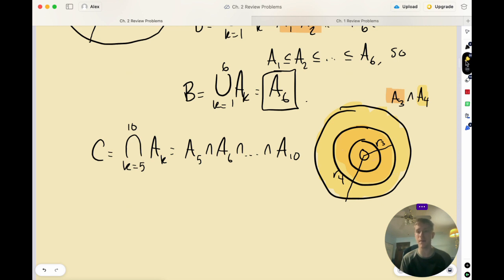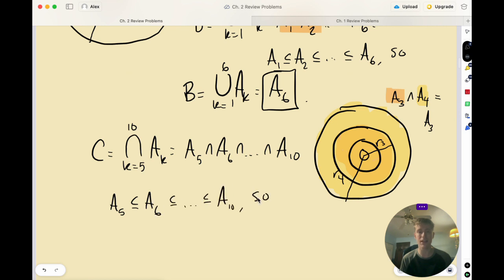Well, both of those happen whenever A3 happens. Right? So it's kind of the other way around. A5 is still in A6, and so on and so forth.